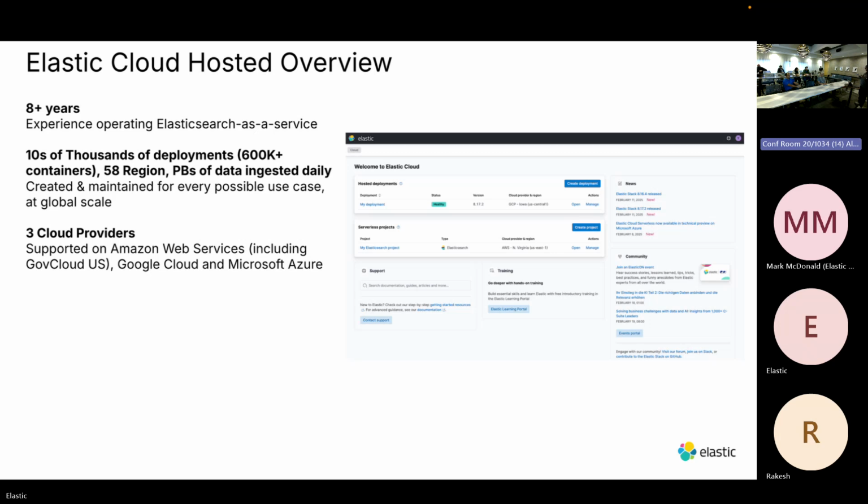We operate 58 regions, which are spread across 3 cloud providers: AWS, Azure, and GCP. So we offer a breadth of regions globally for our customers to choose from. And our platform sees almost petabytes of data ingested daily across the customer base, right? That shows you how big our platform has been able to get.